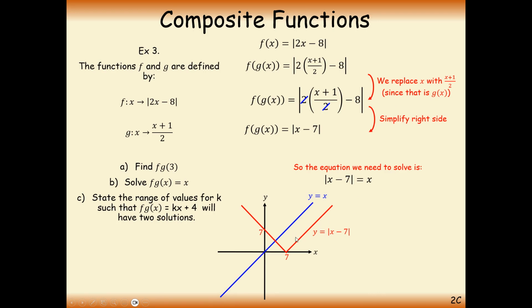Notice there is only one intersection point, because the gradient of this line is the same gradient as x minus 7. x minus 7 has the same gradient as x. Therefore, they don't intersect at all.